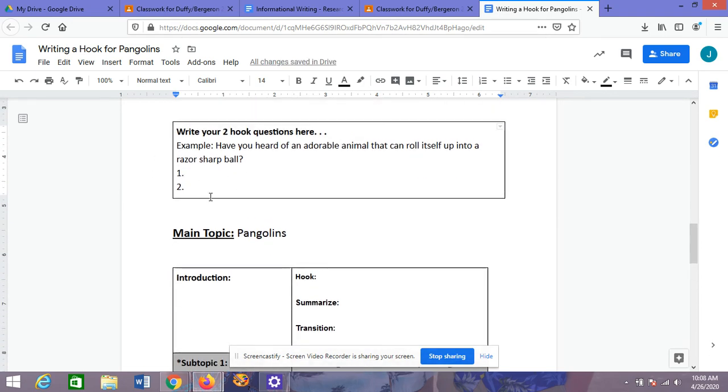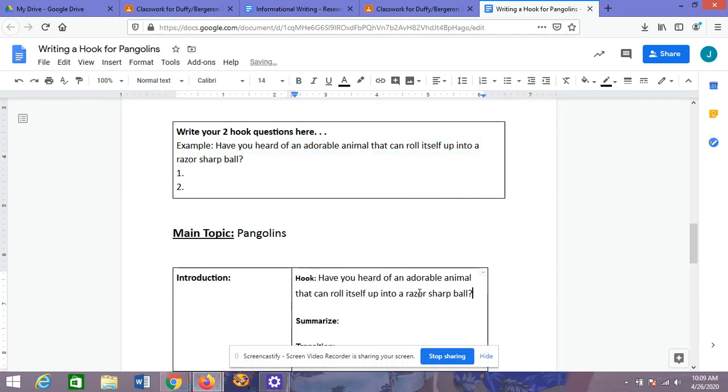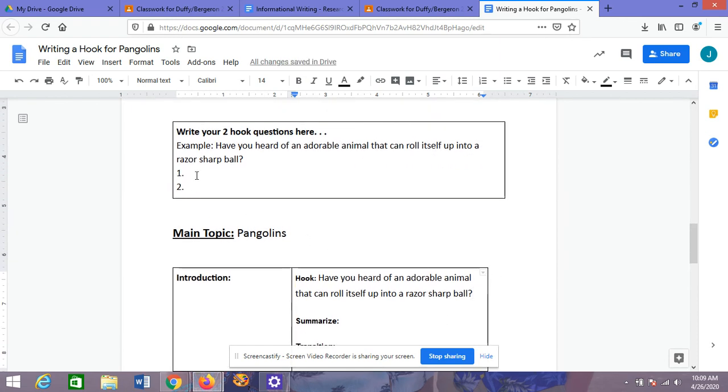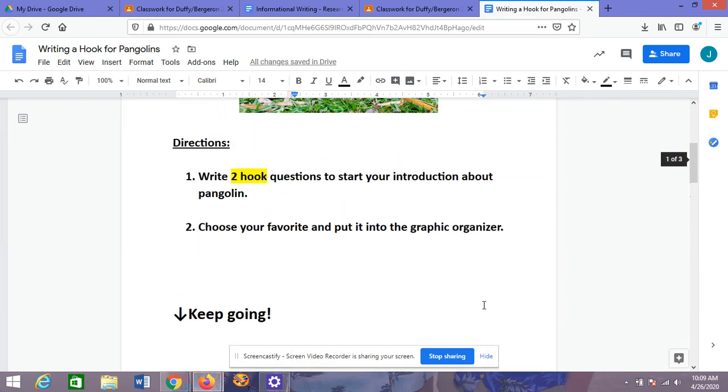Pick the one you think is the strongest out of your two, not my example. You can copy and paste it, or you can rewrite it and bring it down here into the hook. Just like that. So when you're finished, you should have two questions, and then the question you thought was the strongest, put it in your hook. And that will be all.